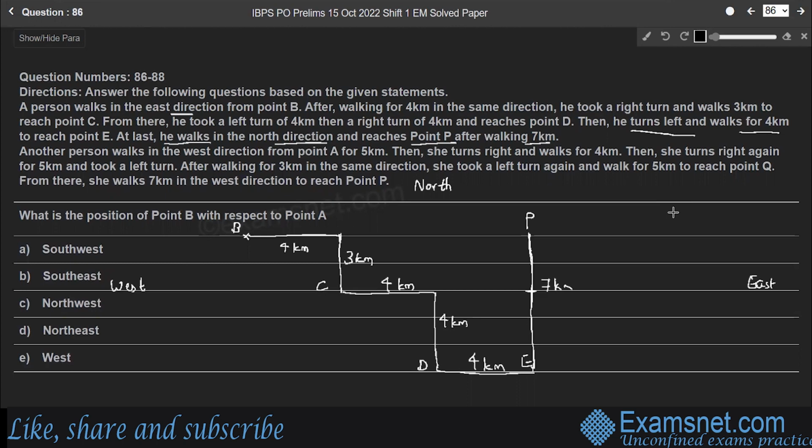Now in the second part, another person walks in the west direction from point A for 5 kilometers. So we'll consider another person.